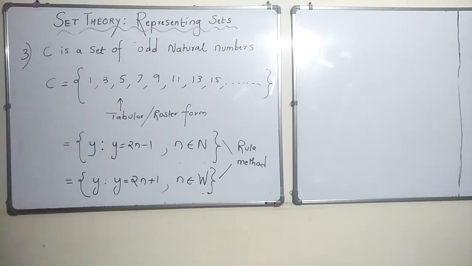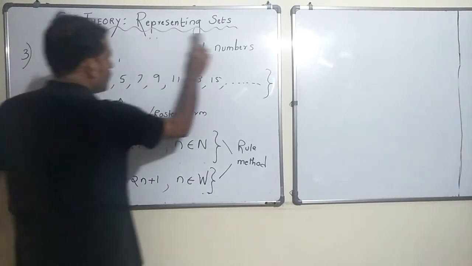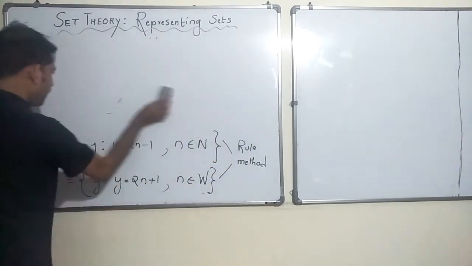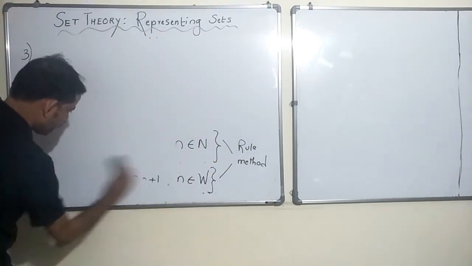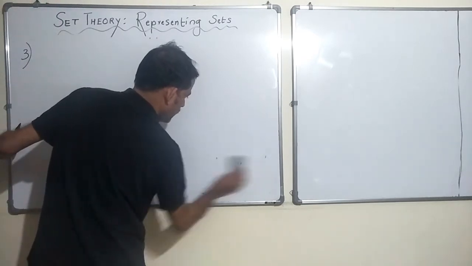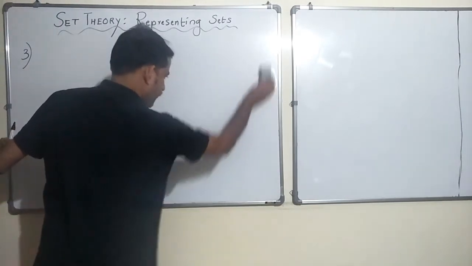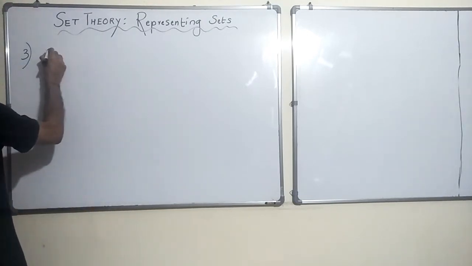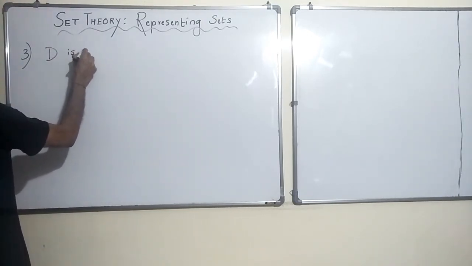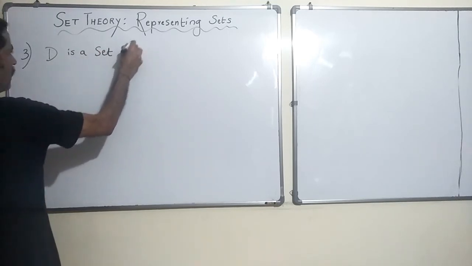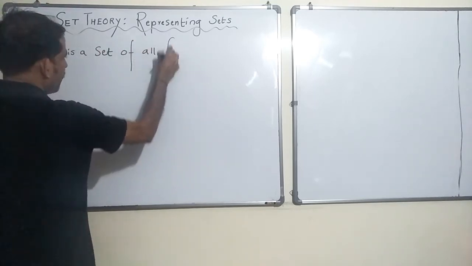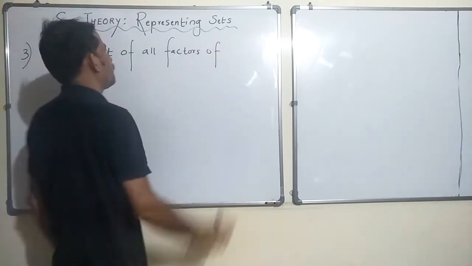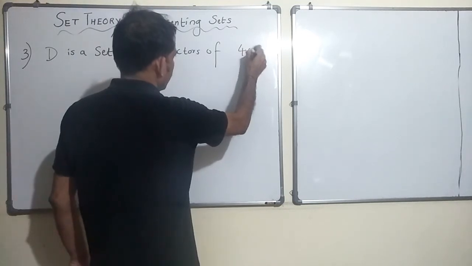Now let's take an example and let me see if you understand what you mean by factors. So D is a set of all factors of 40, correct?